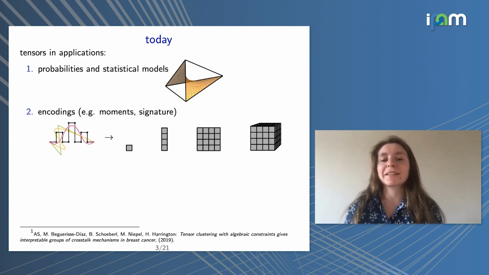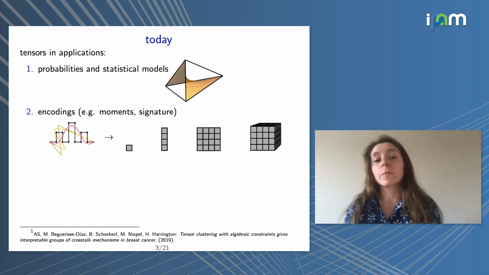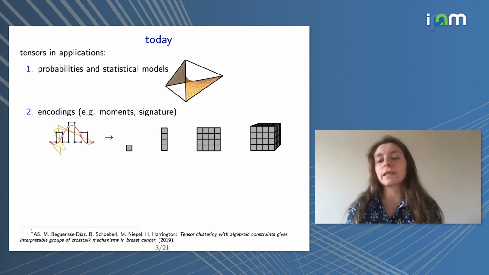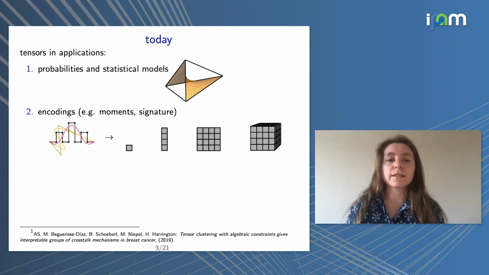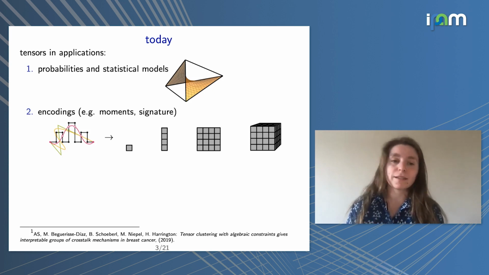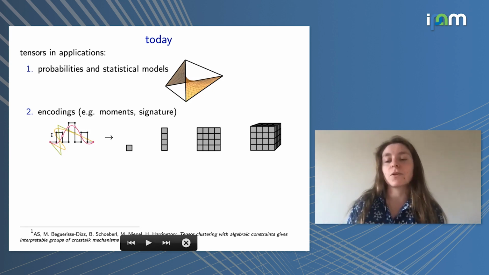And we hope that this encoding is a useful way to keep track of some data. So for instance, one example of this that may be familiar is taking a probability distribution and encoding it by its moments. But there's also other encodings. So I'll talk about the signature, which takes a path like these pictures here, and again, encodes it as a sequence of tensors.